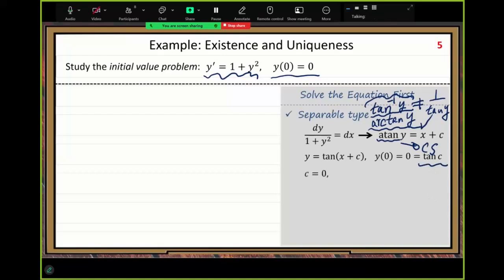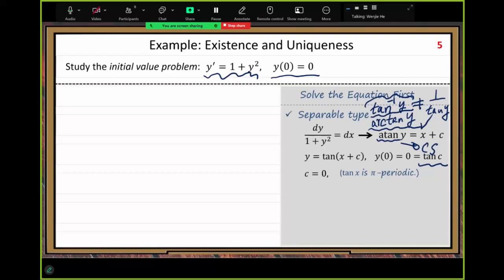And we know the tangent function is a periodic function, right? It's pi periodic, not 2 pi periodic. Sine and cosine are 2 pi periodic, but the tangent function and the cotangent function are pi periodic.